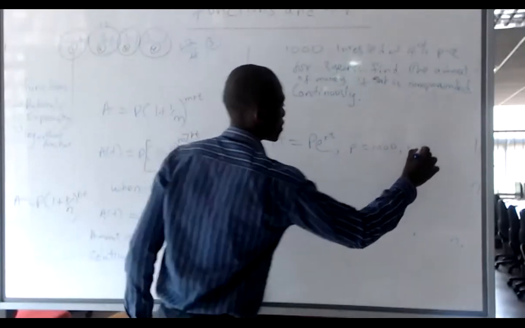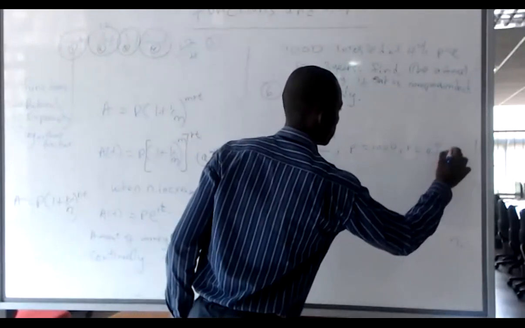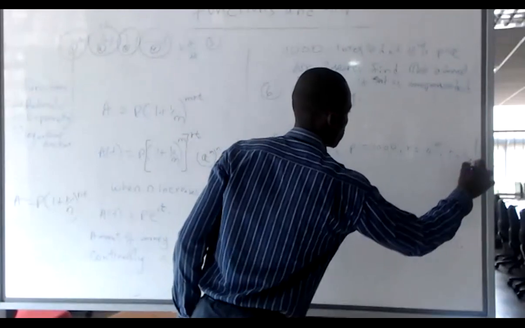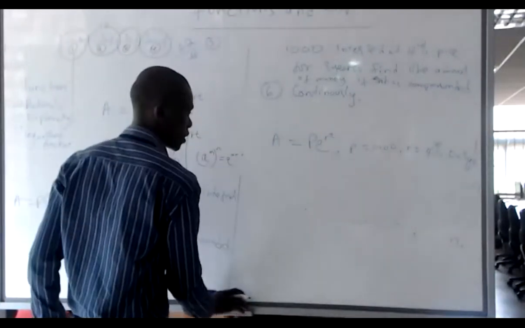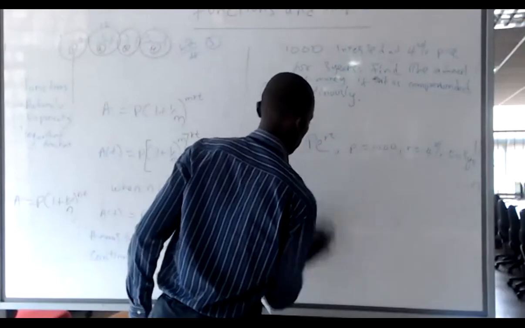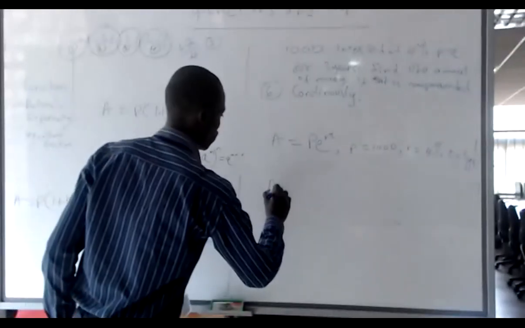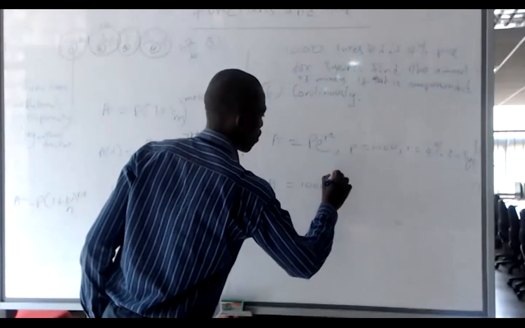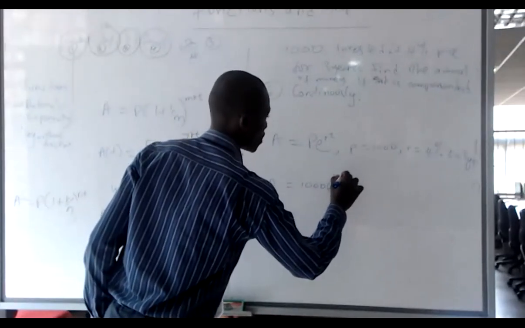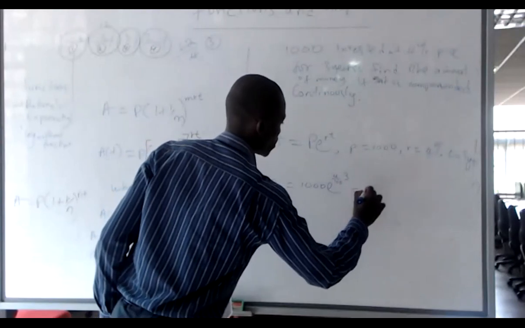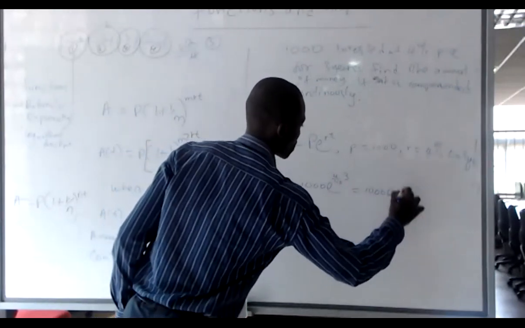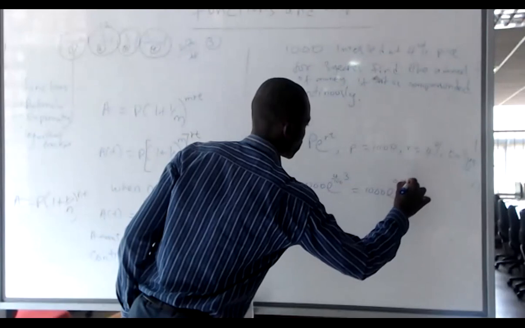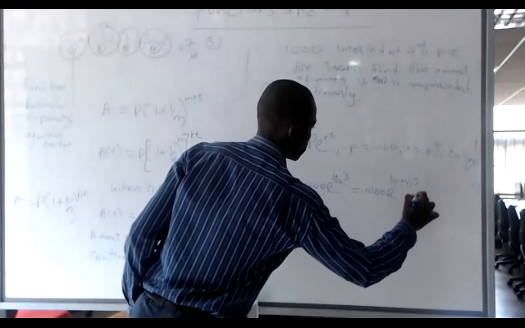We know R is 4%. We know T is 3 years. So after 3 years of continuous compounding, the amount of money will be 1,000 times the exponent of 4 divided by 100 times 3, which is the same as 1,000 exponent 0.04 multiplied by 3.